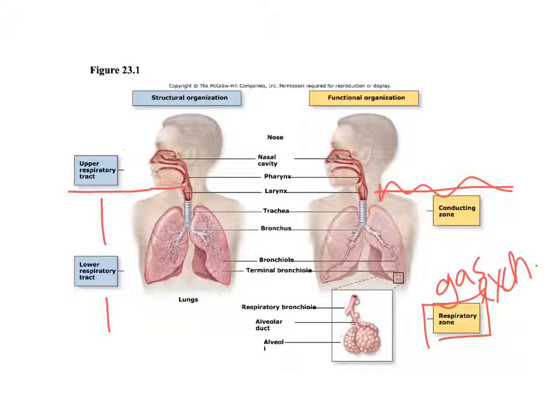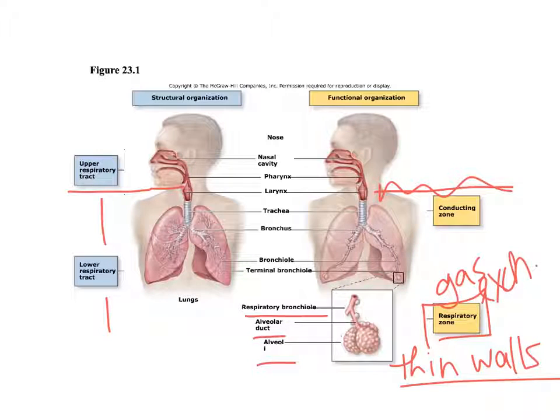Okay, and these pieces, the respiratory bronchiole, the alveolar duct, and the alveoli are going to have very thin walls. Okay, so the thin walls are going to allow for diffusion. So that makes sense, right? So structural and functional. Okay, so conducting zone, no gas exchange.